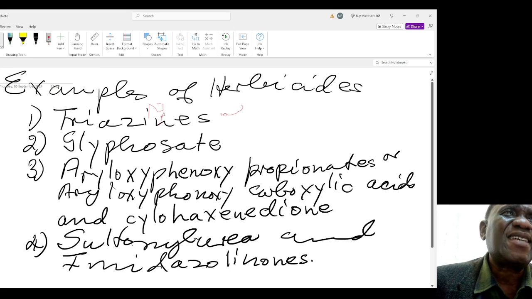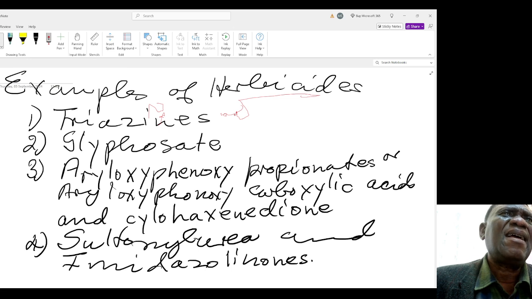Now with atrazine, for atrazine to kill or triazine to kill a plant, there is what is known as a plastoquinone.